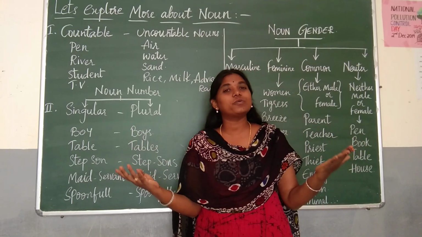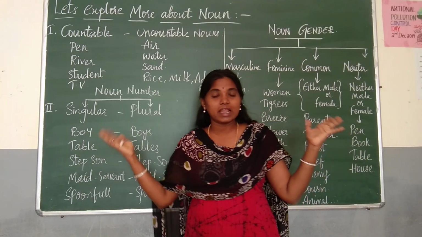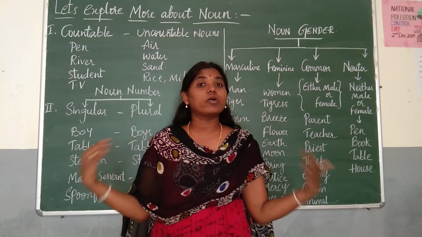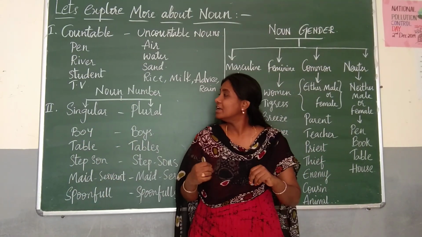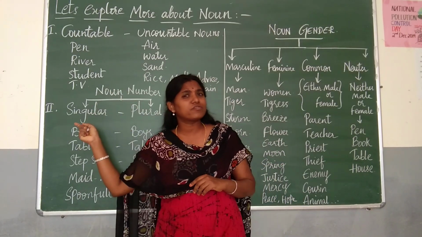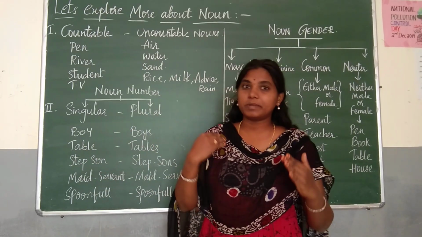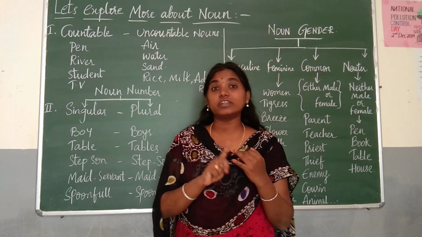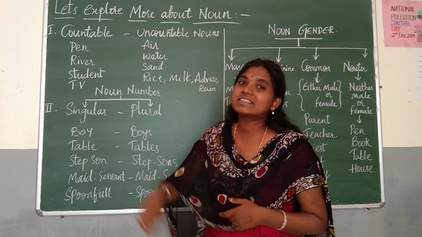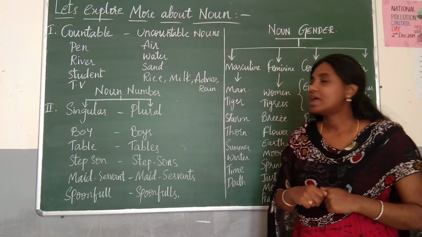Okay, if we go to a showroom, we'll have many televisions like 10, 15, 20, 30, 40, 50, depending on the occupancy of that shop. Yes, so by this you understood that all those examples I have given come under countable nouns, because we can count them as 1, 2, 3, 4, 5, 6 and so on and on. Now let's go to uncountable nouns.